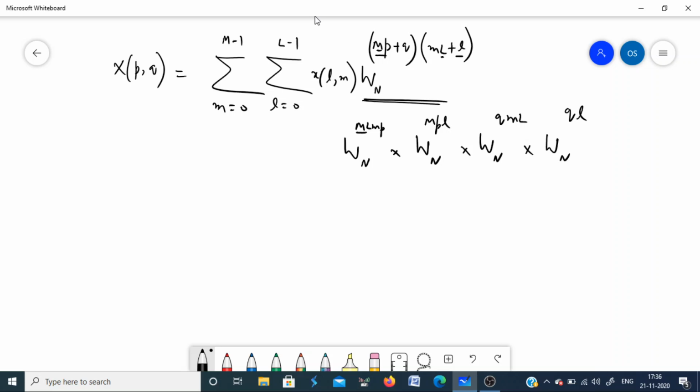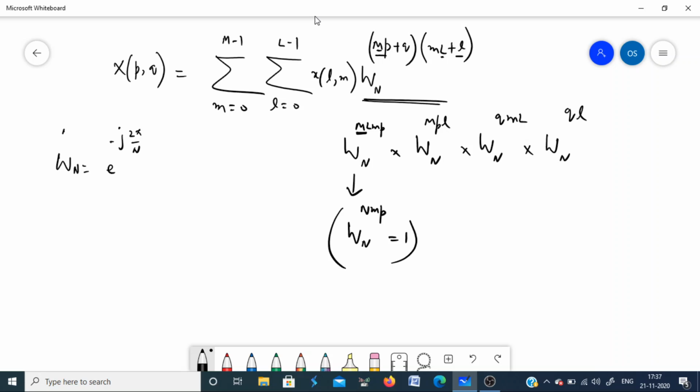Now this ml is nothing but equal to n. Okay, this factor I can write as wn to the power n into mp, and this will become 1, because wn is e raised to the power minus j 2 pi by n.